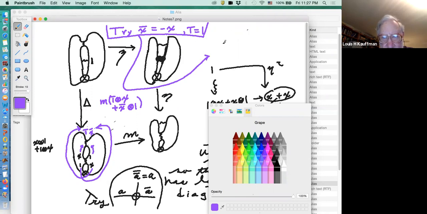This will give us 1 bar times x plus x bar times 1, which will be equal to 1 times x minus x times 1, which will give us 0. See, it introduced the sign in the way that we were hoping it would.